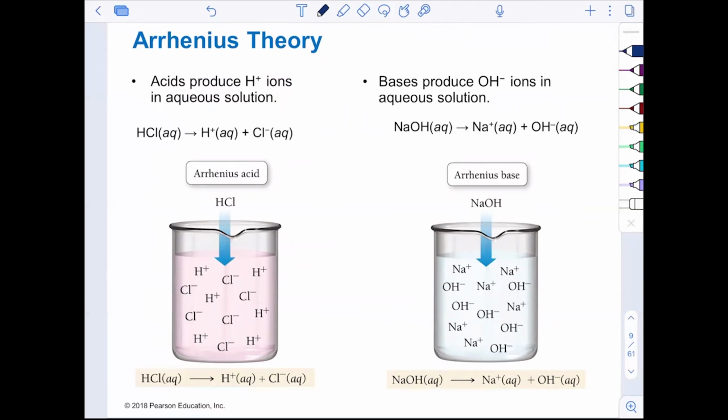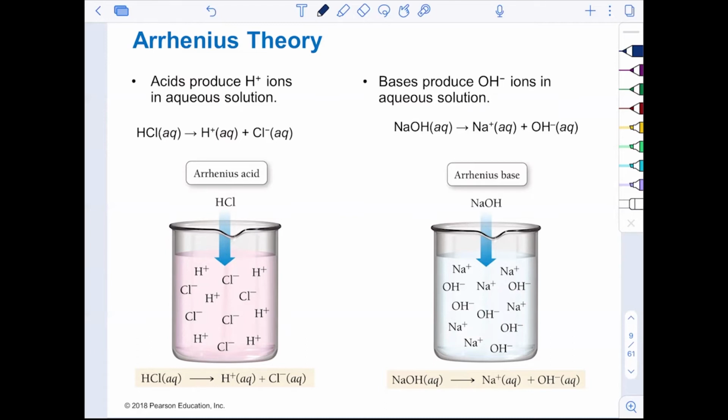Arrhenius theory was developed to say that acids produce H+ ions in an aqueous solution. So we can think about HCl. HCl is not an ionic bond, but it reacts much like one in that it produces H+ ions and Cl- ions when in an aqueous solution.